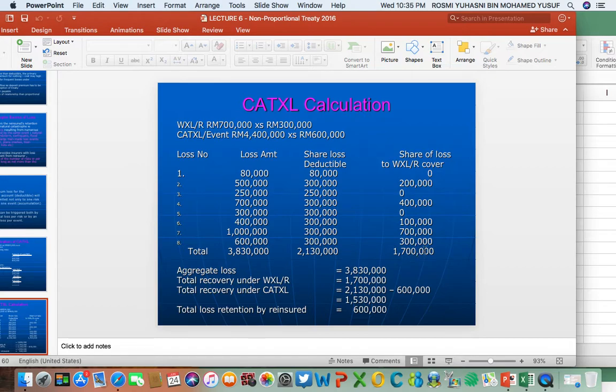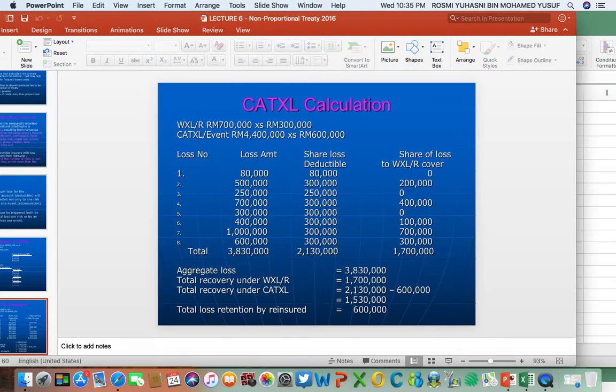So what is the total amount of loss retained by the insurer? After recovery from the working excess of loss reinsurer, the total loss retained by the insurer is 2130 million. So catastrophic reinsurance will protect this total amount of net loss retained by the insurer, 2130.